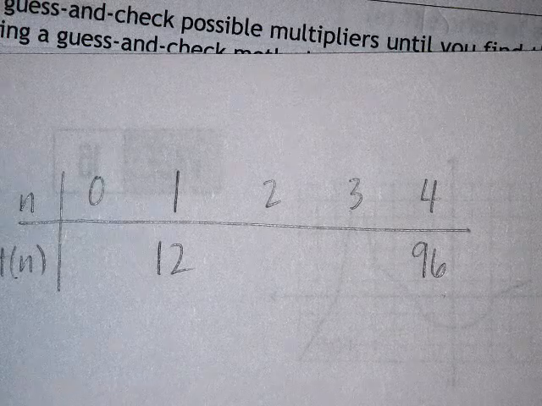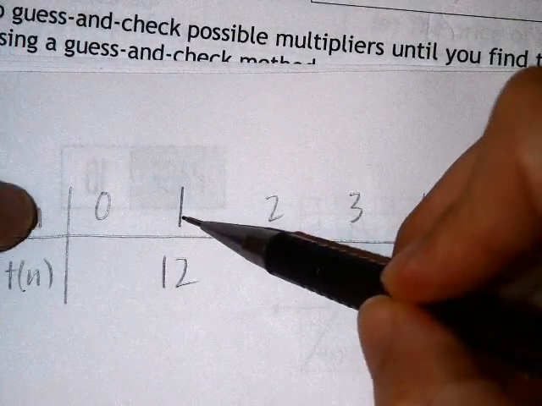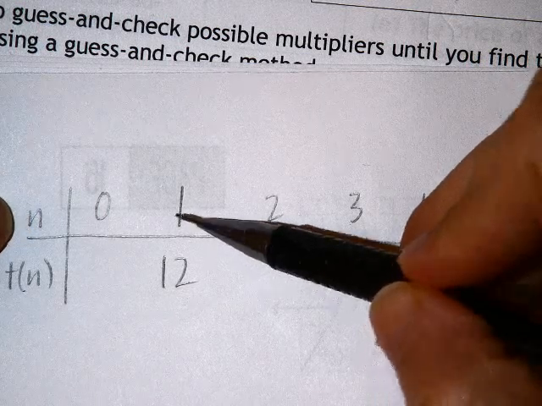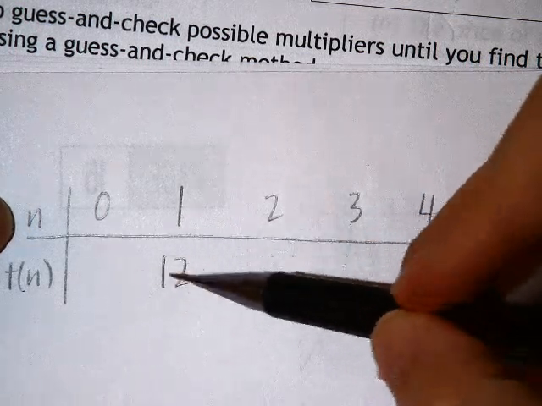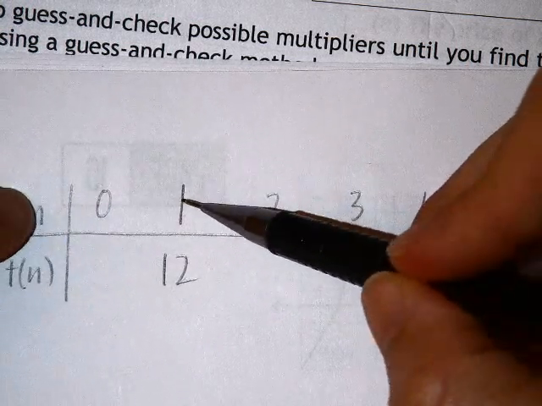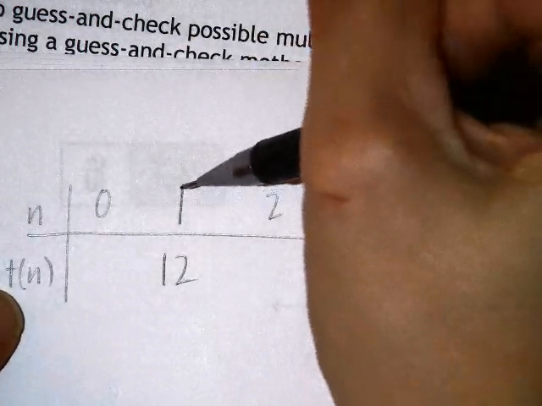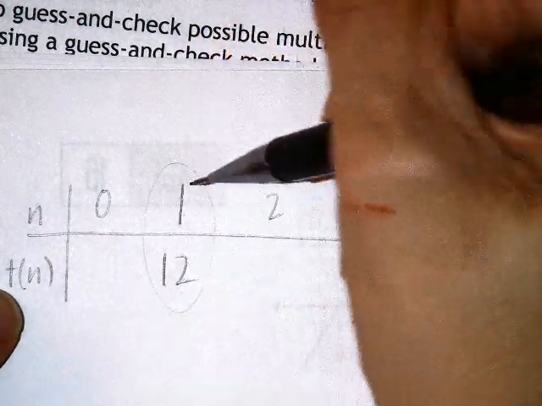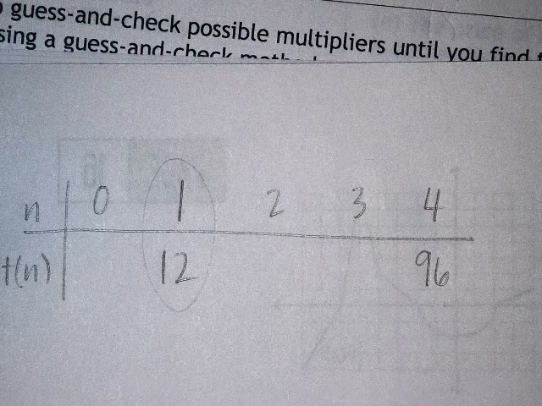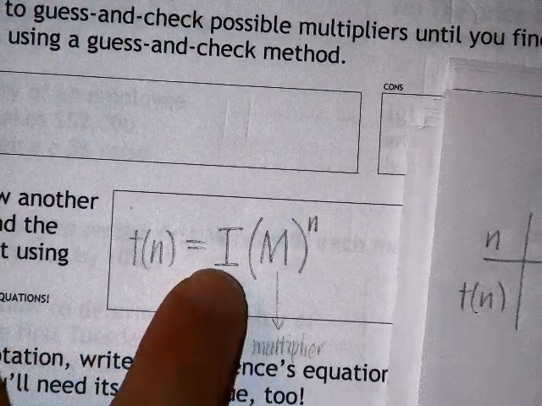But they did tell us something kind of helpful. When I'm talking about the first term, that's n is 1. And the first term itself, 12, that's t of n. So at n equals 1, t of n equals 12, it's almost kind of like we have coordinates to plug in. The 1 and the 12 can get plugged into the equation that I wrote on my paper.